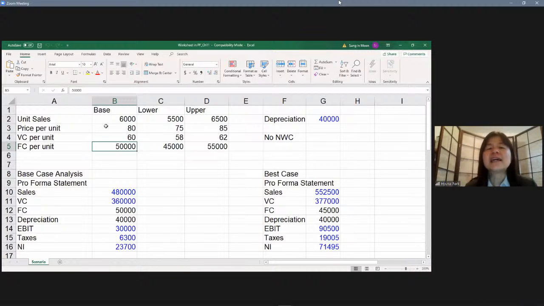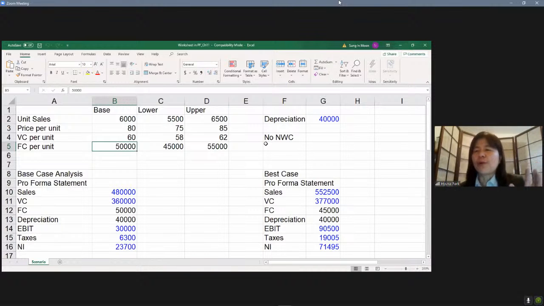So these are given. So black numbers in this Excel file are given, so you don't have to worry about it. These are information given to you. And the blue numbers, you should be able to calculate them.